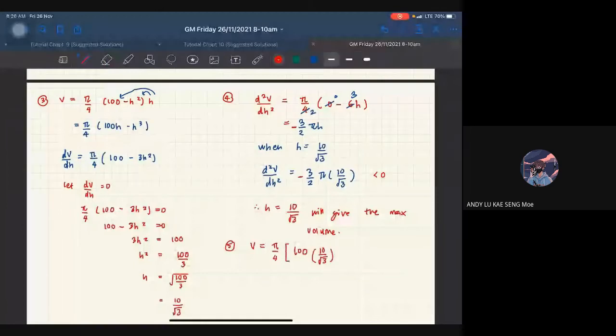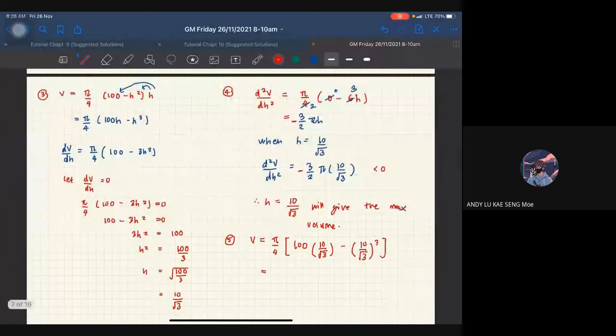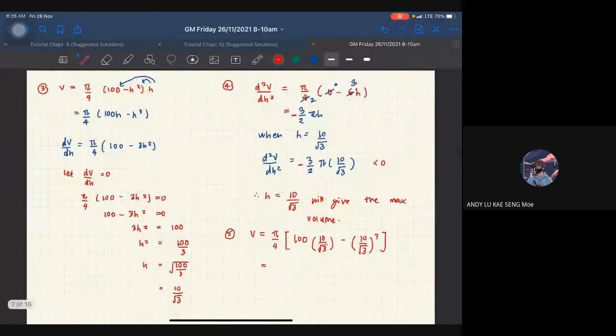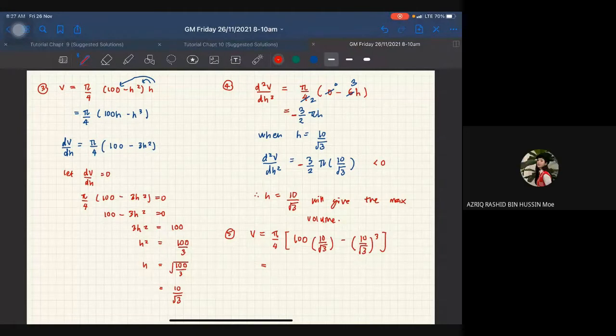Okay, so apa jawapan awak kat sini? Can someone give me the answer? 500 over 9 pi. 500 over 3. 500 times 3 over 9 pi.